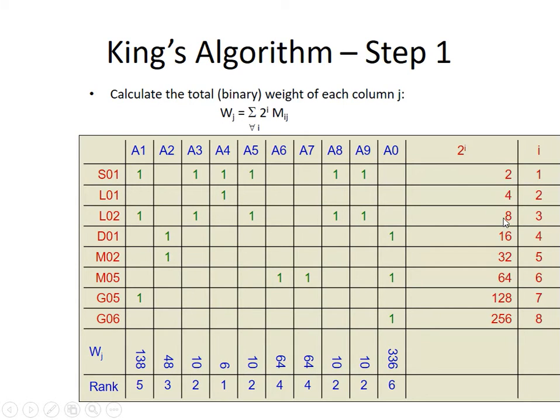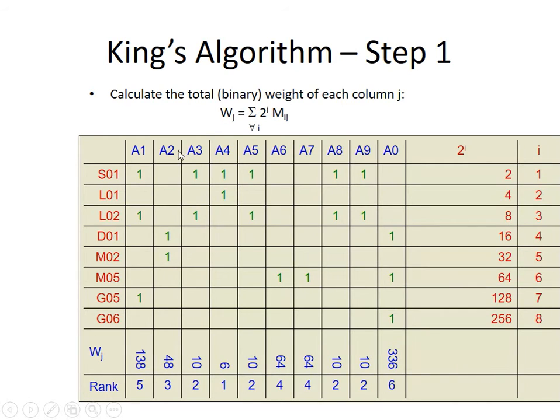So 8 plus 2 is 10. And again in the same column with respect to this row, the binary value is 128. So 128 plus 8 plus 2 is 138. The binary value Wj here is 138. In this way we'll calculate.